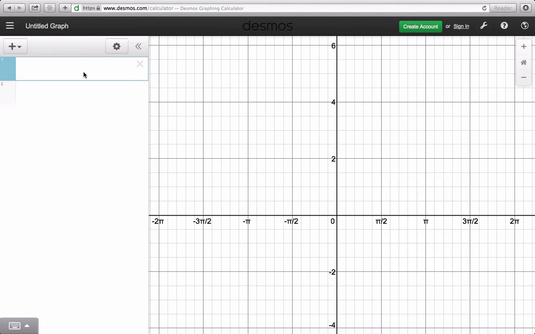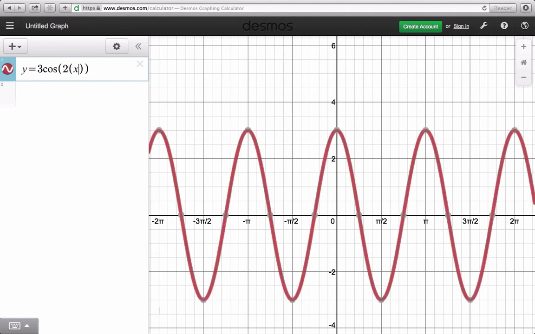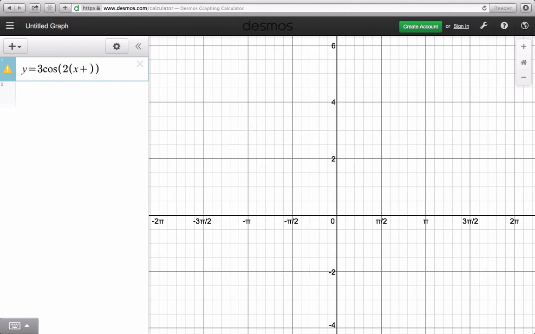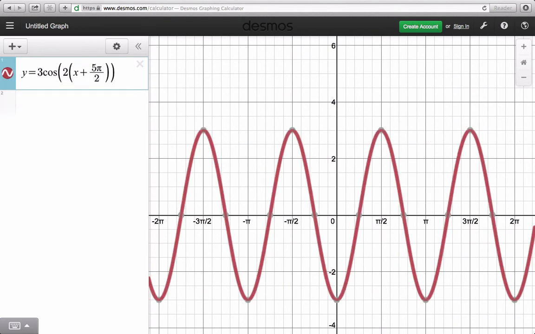Okay, so the functions I came up with were y equals 3 times the cosine of 2 times x plus 5 pi over 12, minus 1.